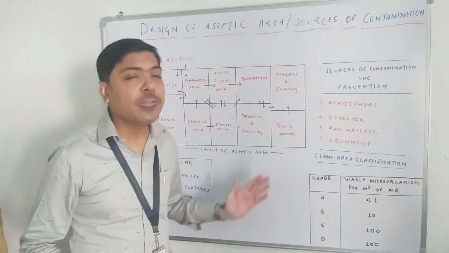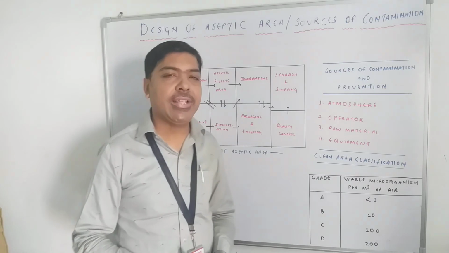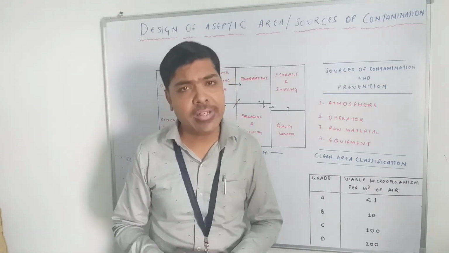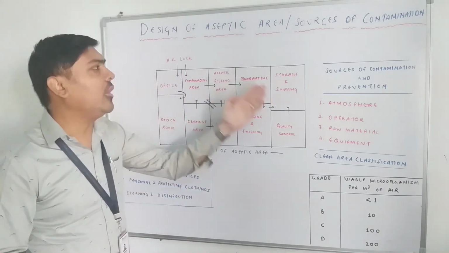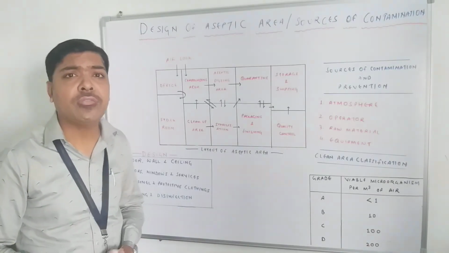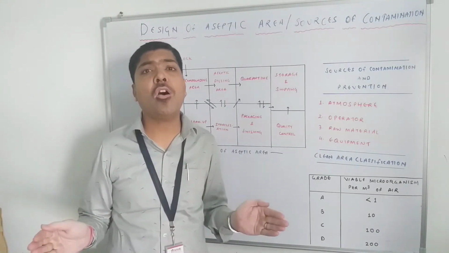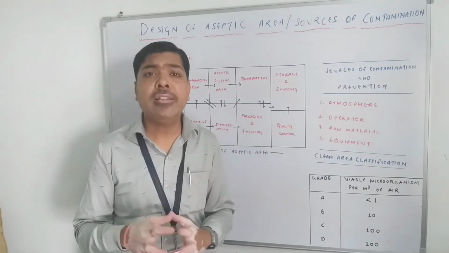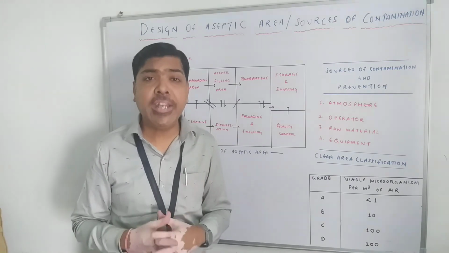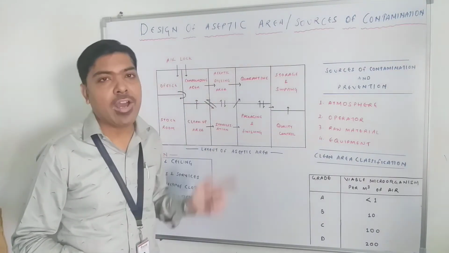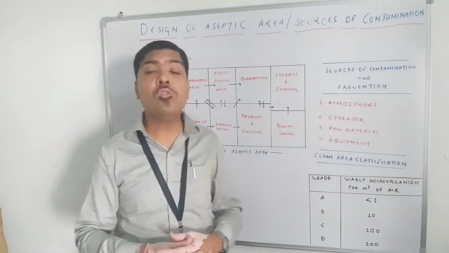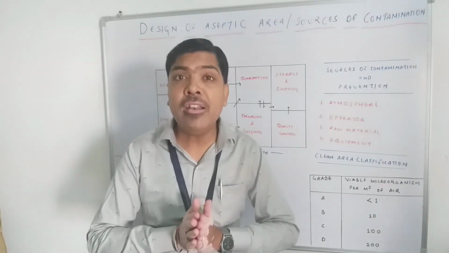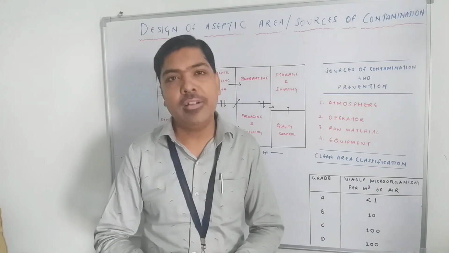Now coming to the last point of discussion, which is called the clean area classification. We have understood that the areas involved in the production of parenteral products, maybe some ophthalmic products that need to be sterilized and need to maintain an aseptic environment, should not have a very large amount of microorganisms.